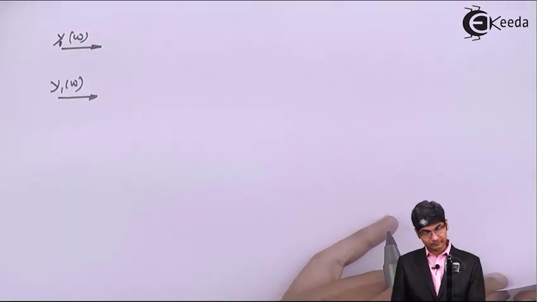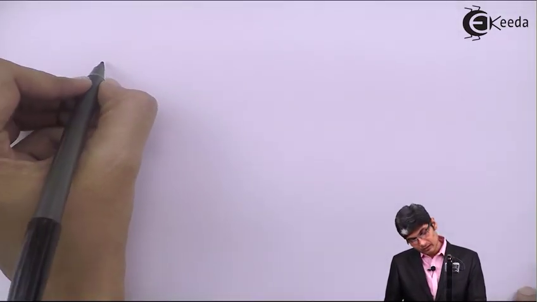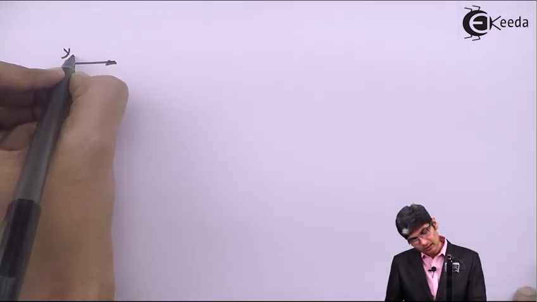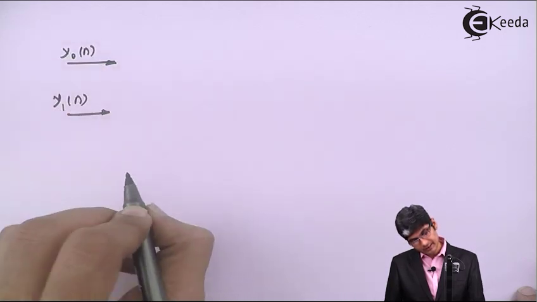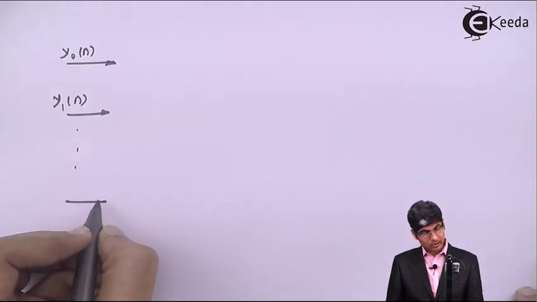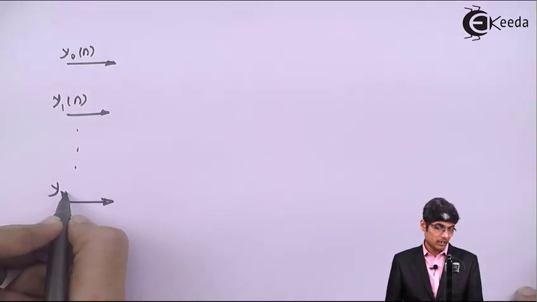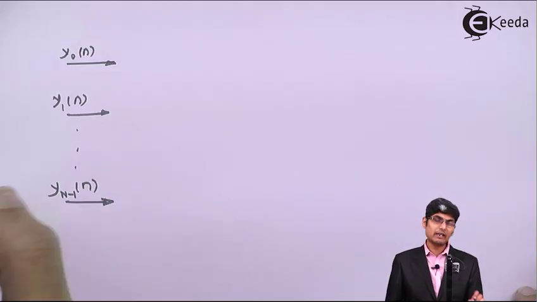Let's say I'm going to input y0 of n, y1 of n, and so on and so forth, y n minus 1 of n or m, whatever.